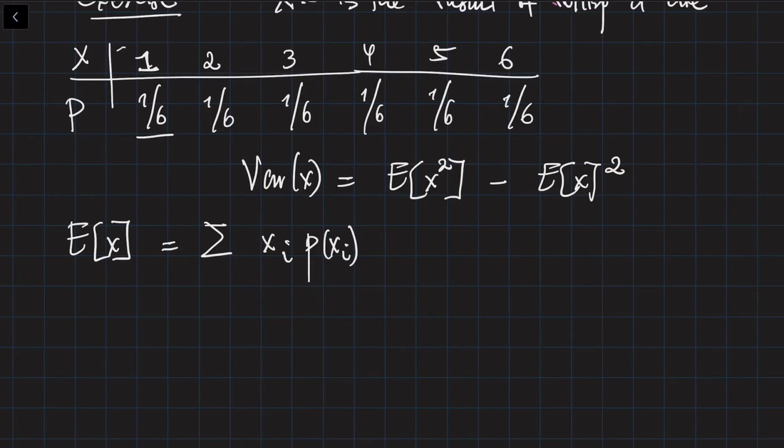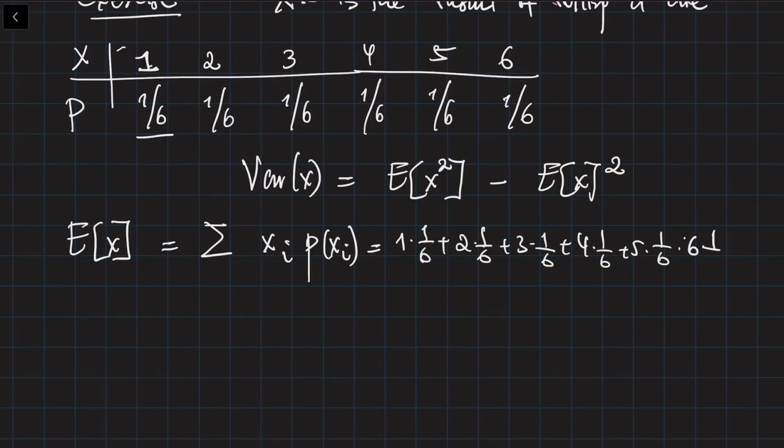It's going to be 1 times 1 over 6 plus 2 times 1 over 6 plus 3 times 1 over 6 plus 4, 5, and 6. If you sum everything, it's going to be 21 over 6 or 3.5, right?